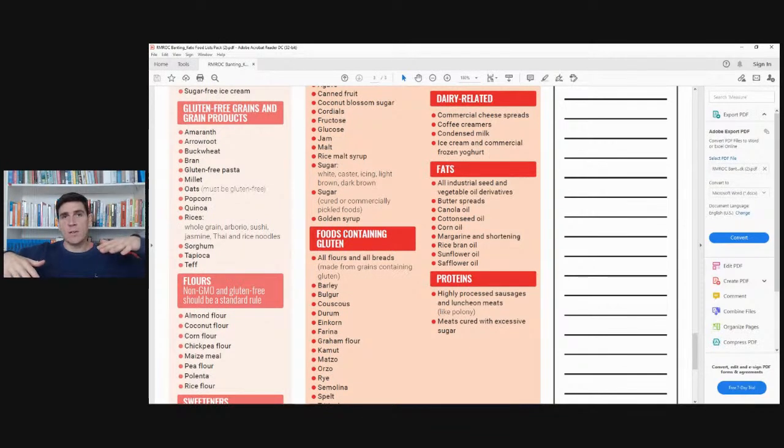And all of these seed oils are, firstly, unstable and processed and they go rancid quickly, which has a whole lot of health implications. The other reason is that they push our omega-6, omega-3 balance out of sync, and that's linked to inflammation and a whole lot of other stuff. So we want to avoid seed oils. And then obviously, like proteins, we want to avoid highly processed sausages and bologna.